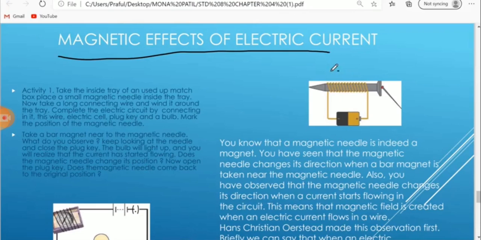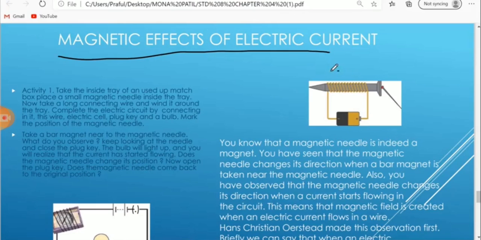You know that a magnetic needle is indeed a magnet. You have seen that the magnetic needle changes its direction when a bar magnet is taken near it. Also, you have observed that the magnetic needle changes its direction when a current starts flowing in the circuit.